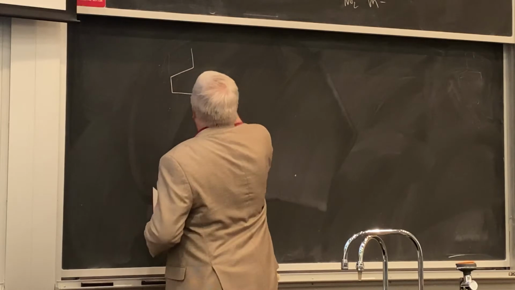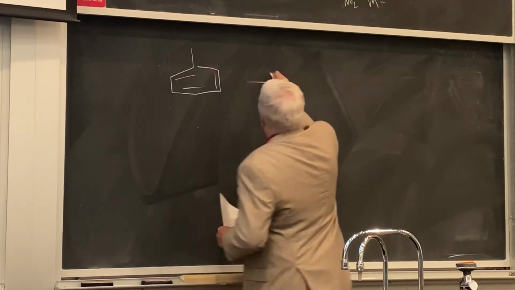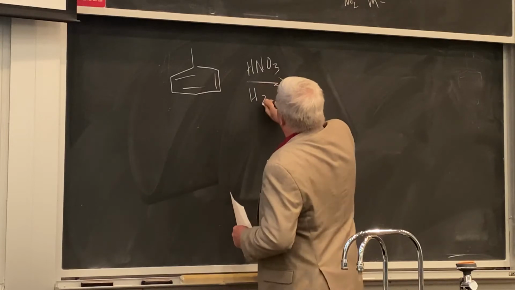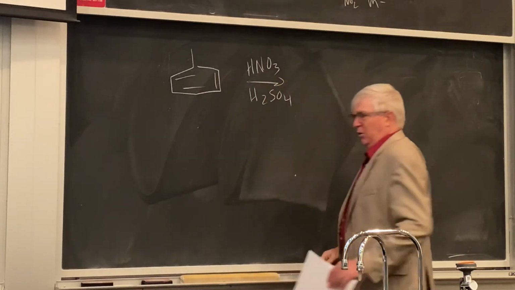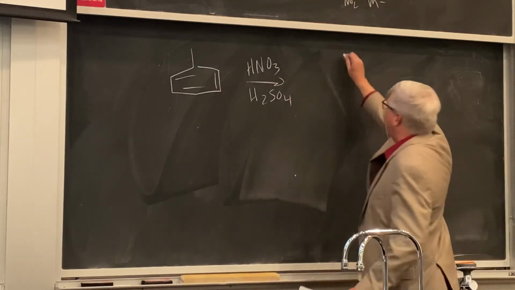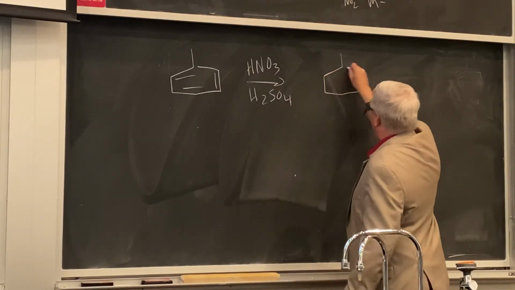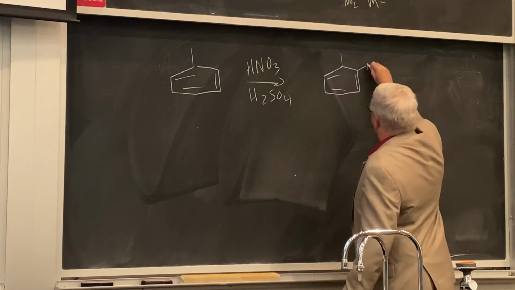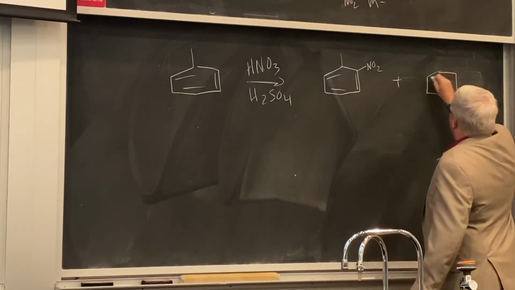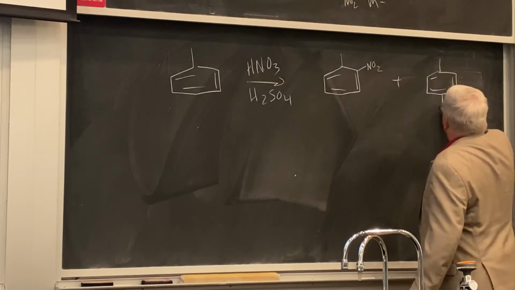Let's take toluene and react it with nitric acid, sulfuric acid. So we're nitrating toluene. In fact, we did this one before last time, right? So it gives a mixture of two products, which you can easily separate or use for multi-step. And it's what? The ortho and the para.